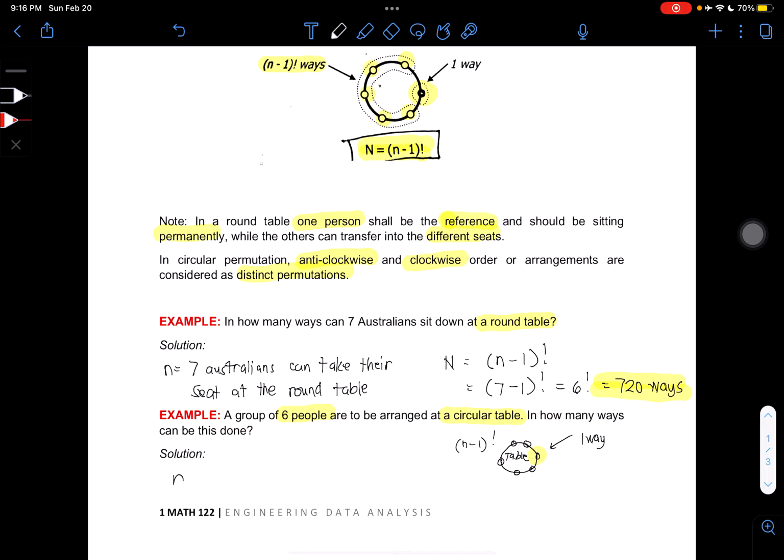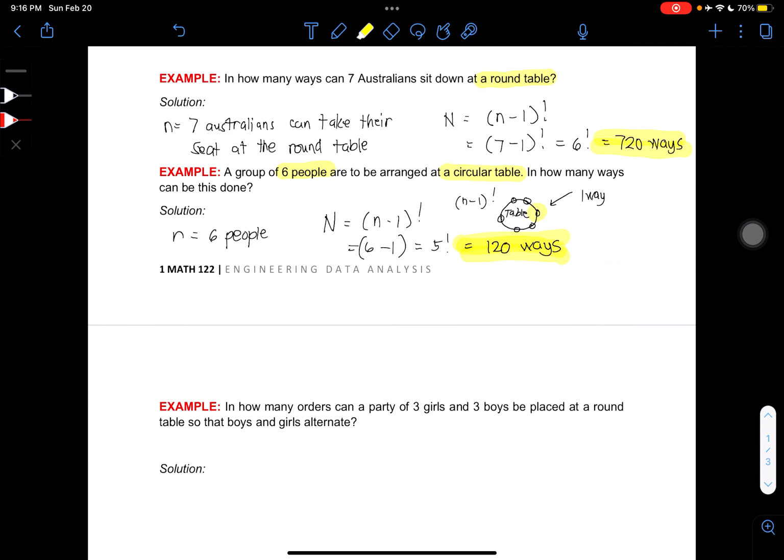Our n is a group of 6 people. Solving for the ways in circular permutation, n minus 1 factorial, 6 minus 1 will be 5 factorial ways, or in our calculator we have 120 ways. Therefore this is our final answer for example number 2. It is very easy since it is just a formula, so memorize the formula.